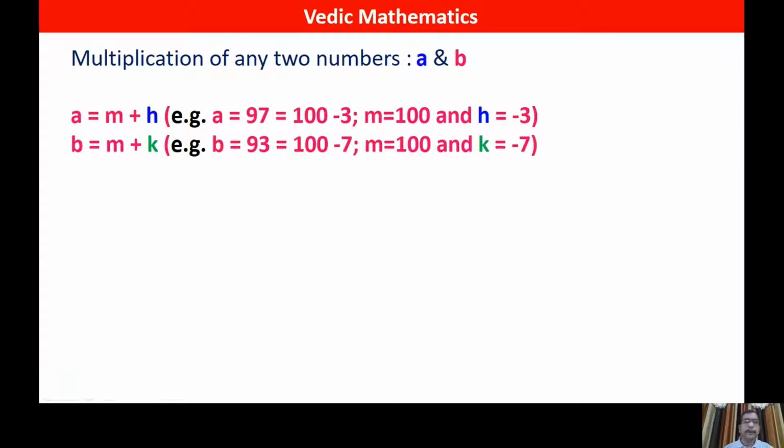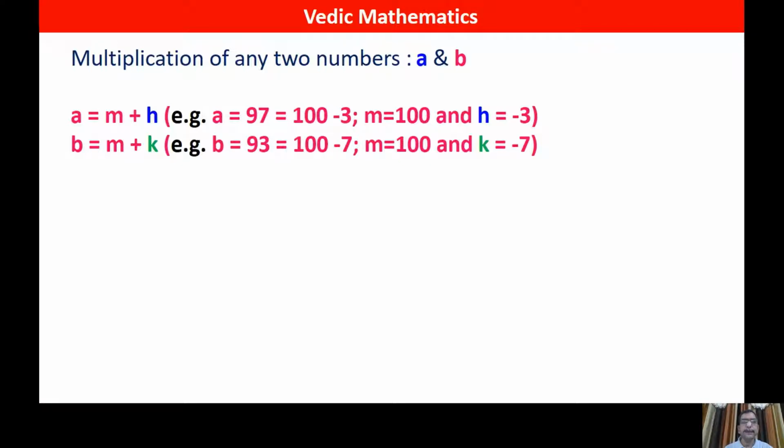So what is the similarity between these two numbers A and B? First of all, their M, which we call the base, is common to both numbers, and these 3 and 7 are very small, and it is very easy to work with these small numbers.